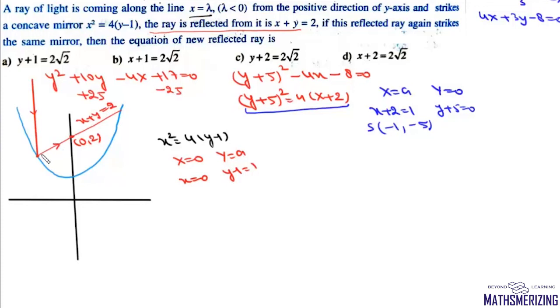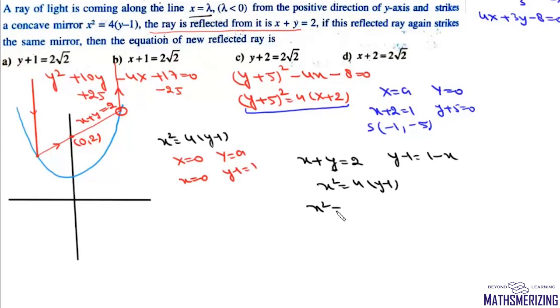Now any ray which passes through focus will again be parallel to axis of this parabola. So what we need to do is, we need to find this point of intersection. So we'll find point of intersection of this line, x plus y equals 2, with parabola, that is x square equals 4 times y minus 1. Now we'll write y minus 1 as 1 minus x. So we'll replace y minus 1 with 1 minus x.